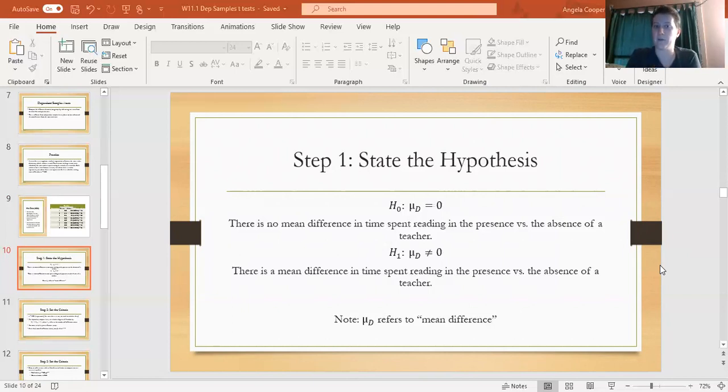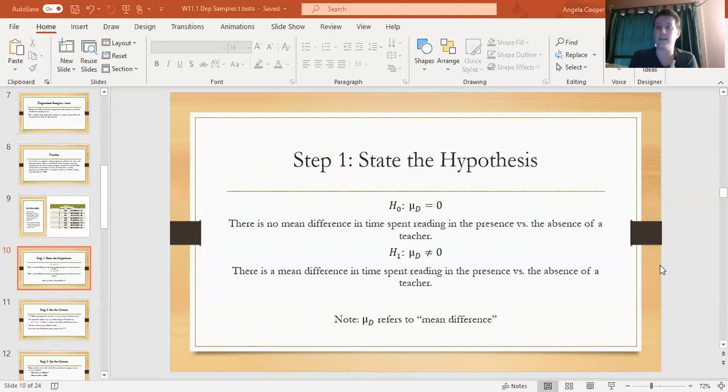So the null hypothesis for this test says there is no difference in time spent reading in the presence of a teacher versus in the absence of a teacher. The students were reading approximately the same amount of time regardless of whether the teacher was there or not. And of course, we have our handy dandy alternative hypothesis, which basically says the opposite.